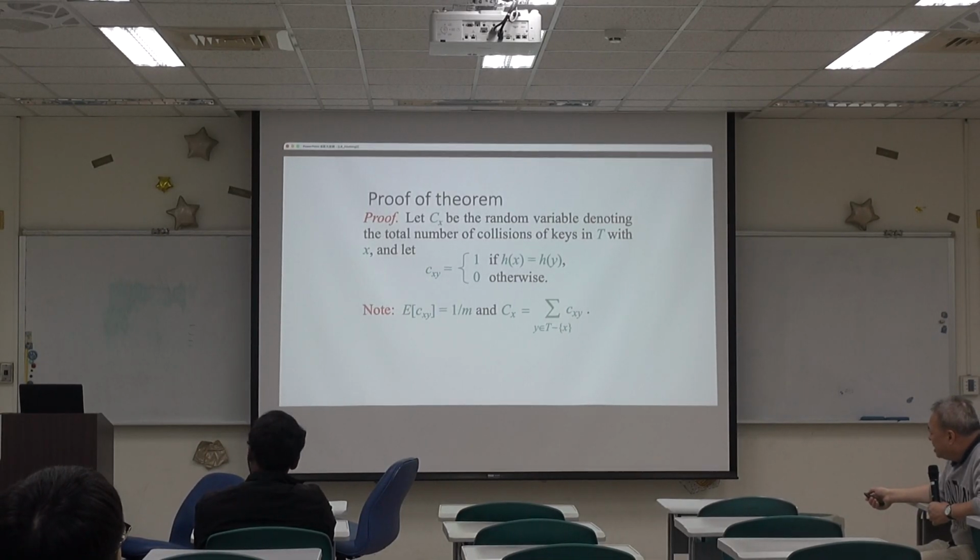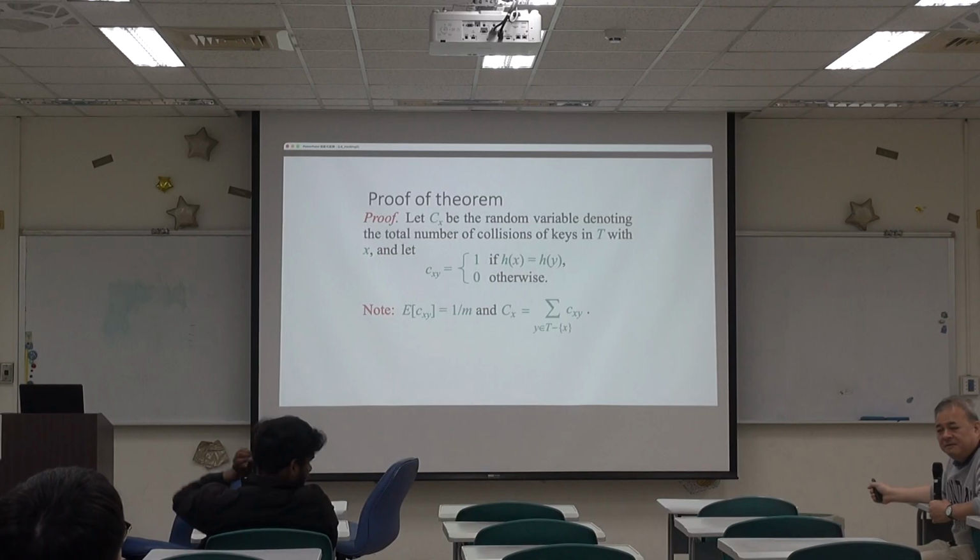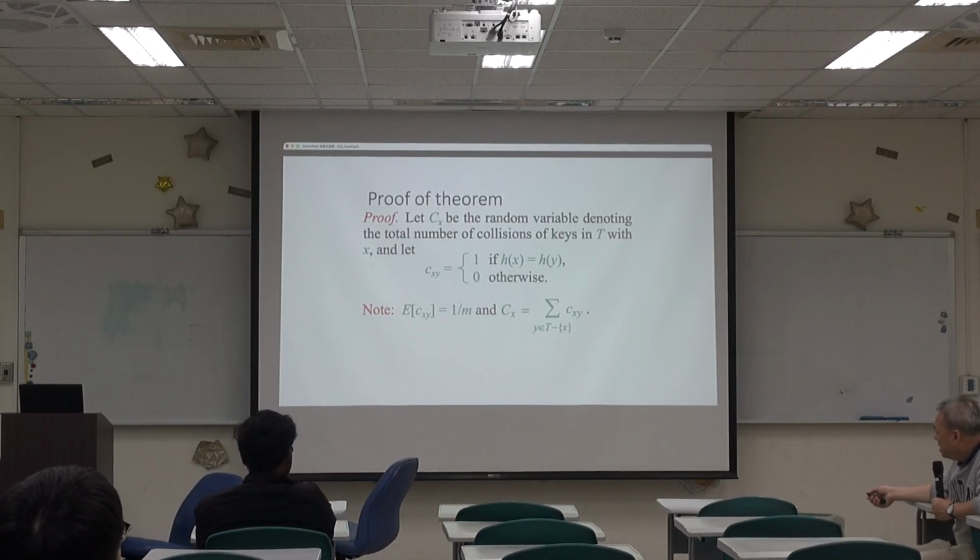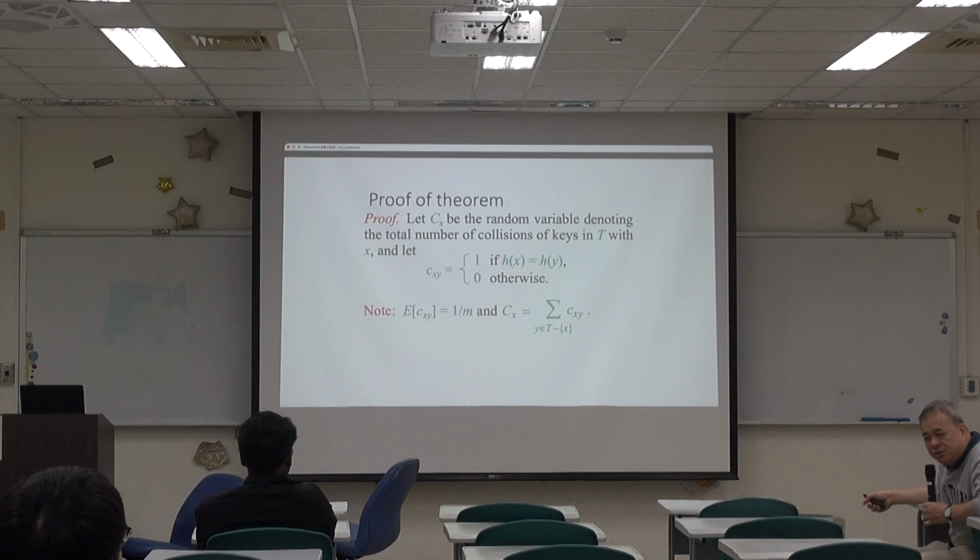So we know the expected value of c_xy is 1 over n, right? This comes from the property of universal hashing.